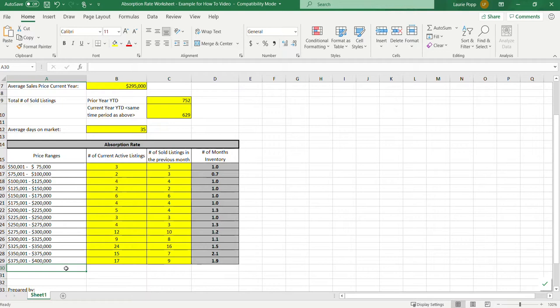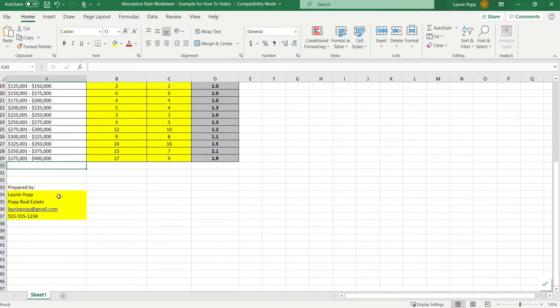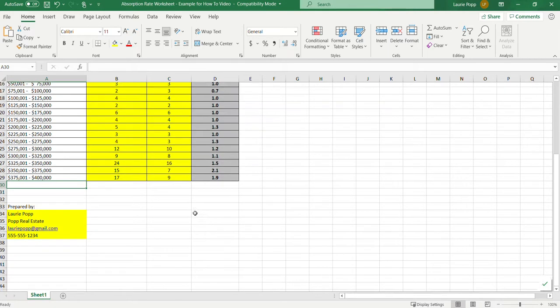So again, this is all adjustable, and at the very bottom, we recommend you put your contact information because, as I said, we've seen buyers and sellers hang on to this kind of information for a long time, so you want to make sure that they know how to get a hold of you. I also recommend in this great big white area that we left right here, add your company's logo. Anything that you can do to brand your promotional materials is always a good idea.